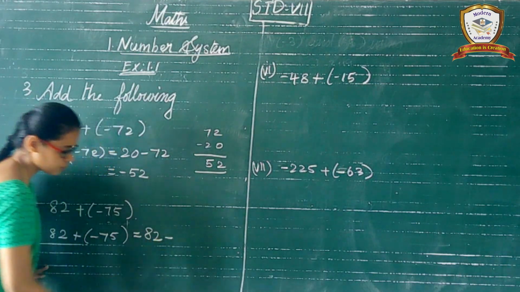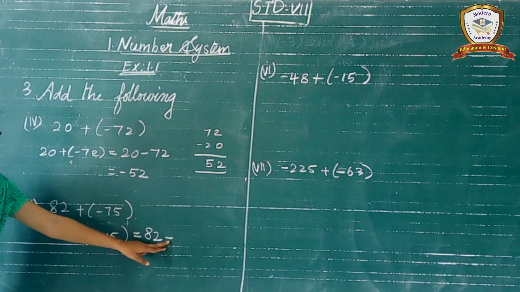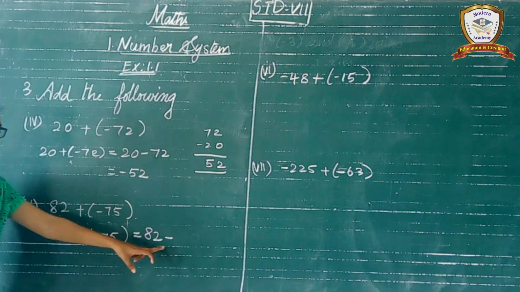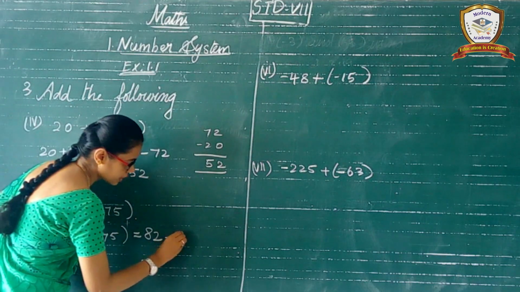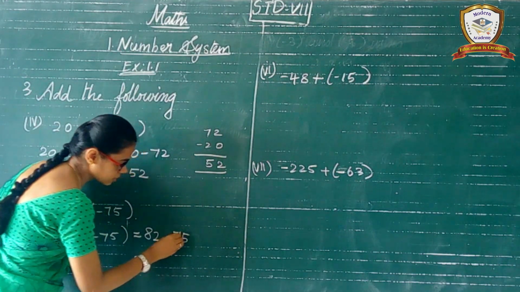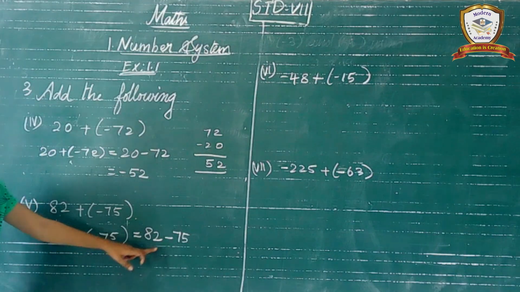That is minus, because different sign. So different sign in multiply means we have to write minus, and then 75 as it is you want to write right here. Clear? Different sign means you want to mention the sign minus.